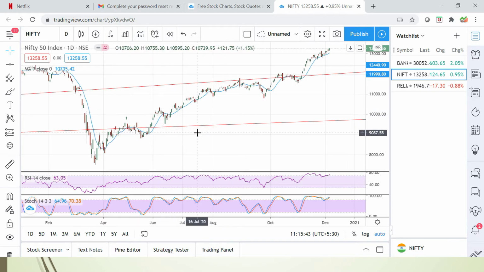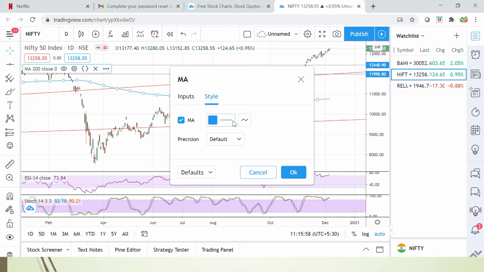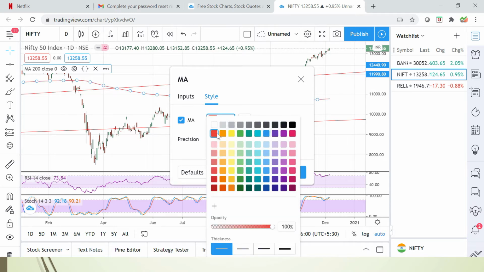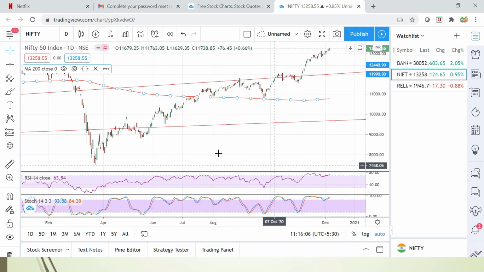The 200-day moving average is what I'm interested in right now. Let me change the color to red, and make it bold as well.